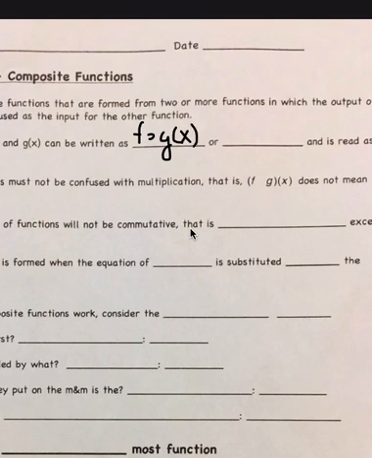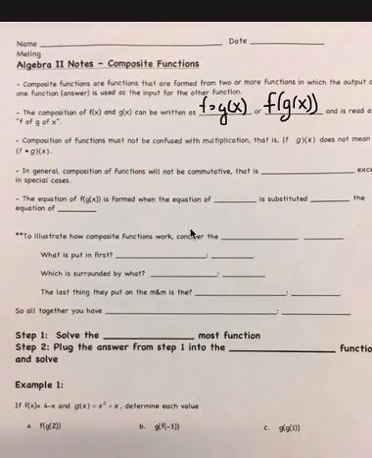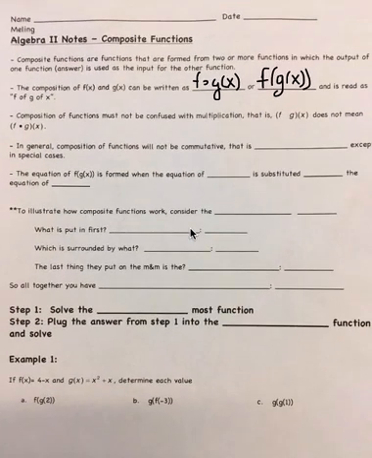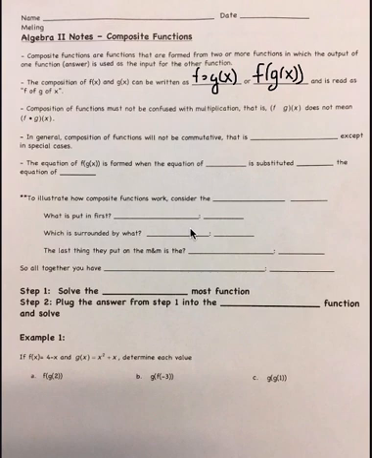F of g of x, or f parentheses g parentheses x, two parentheses to close it out. So the composition of f of x and g of x can be written as f of g of x, and is read as f of g of x. The little o there basically stands for of.